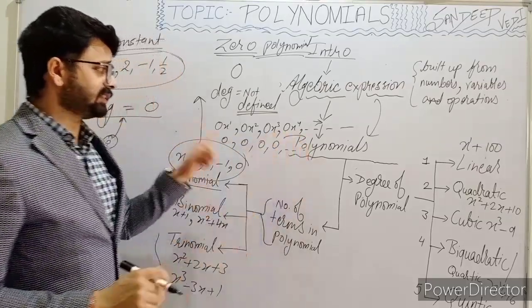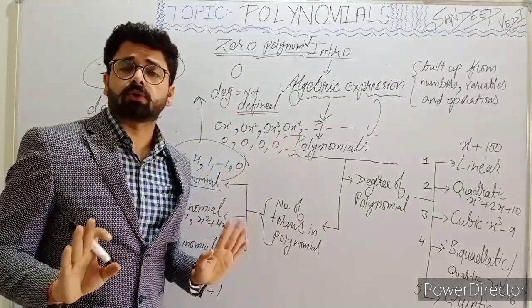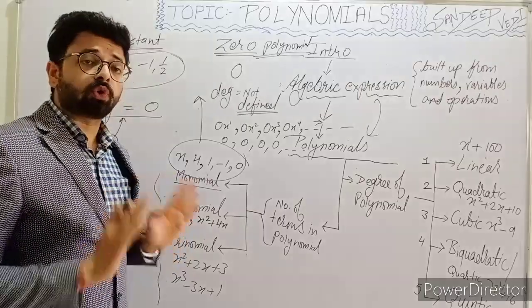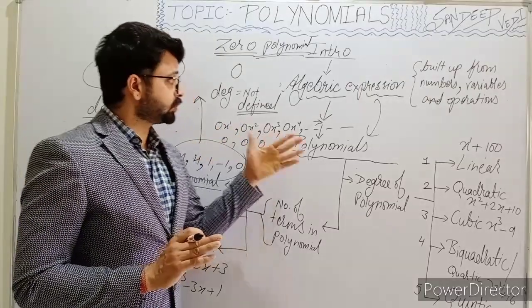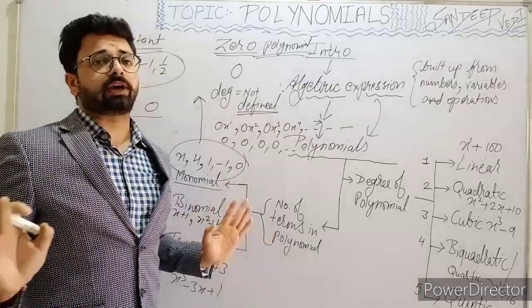Which number should we consider the degree of this polynomial, 1 or 2 or 3 or 4? We don't know. That's why the degree of the zero polynomial is not defined.